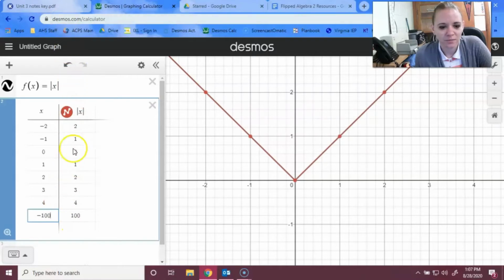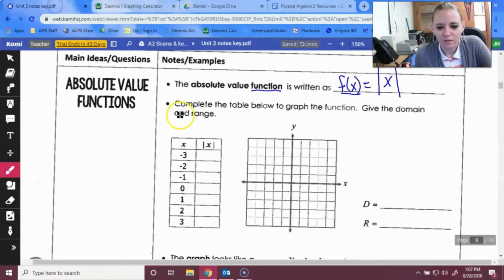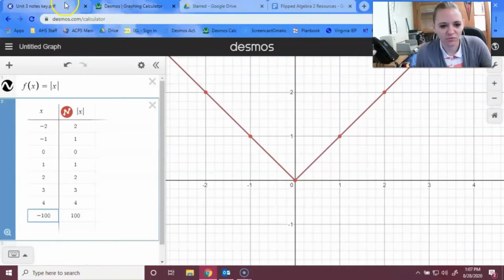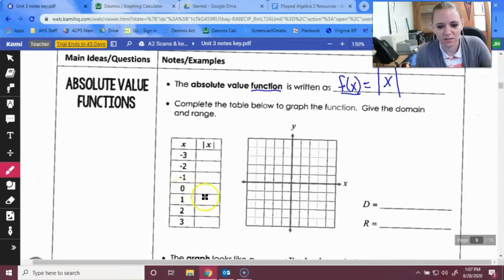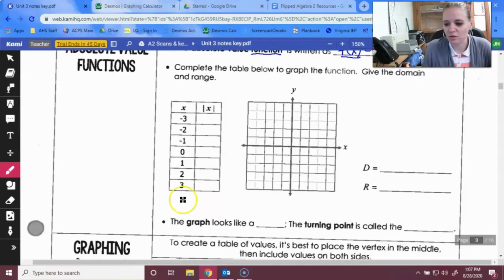So, back to this. That table, we can take some of those values. Usually, what they like is the vertex to be in the middle of the table. So I'll just go ahead and fill these in. This was 3, 2, 1, 0.